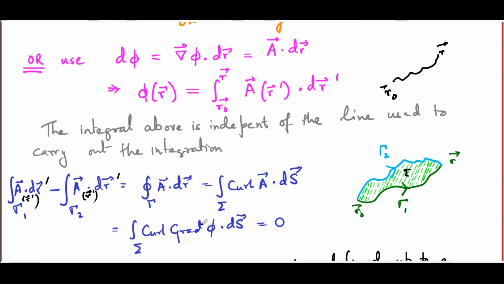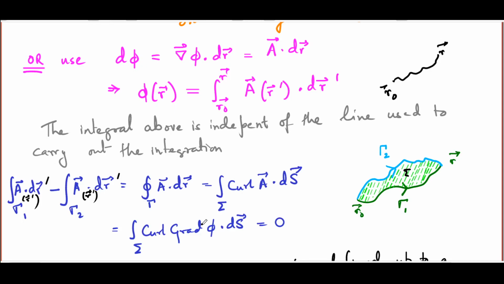Now note that in this additional integral, which is A(r') dot dr', integrated from r0' to r0, there is no mention of the vector r. This integral will depend only on those arbitrary points chosen, but will be completely independent of the position where you want to find the scalar field phi. So this additional piece is just a constant.